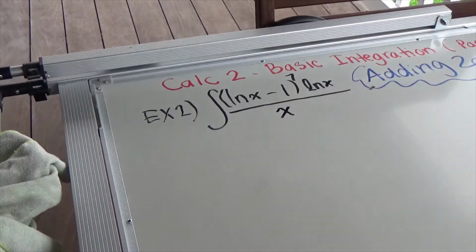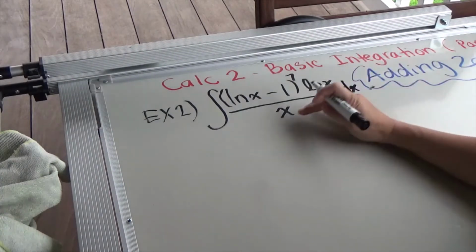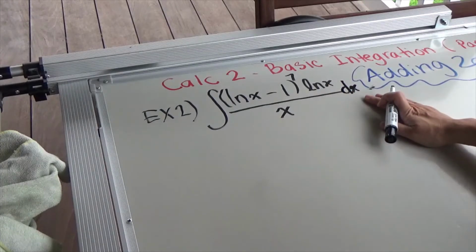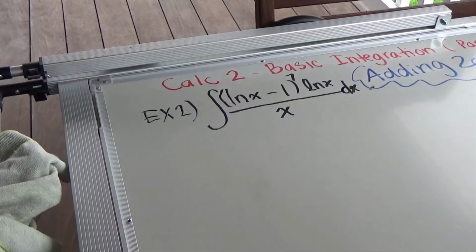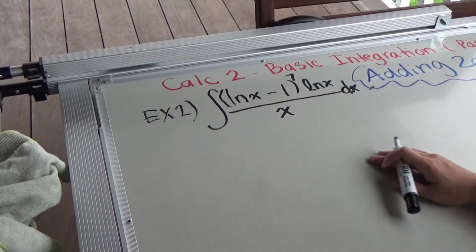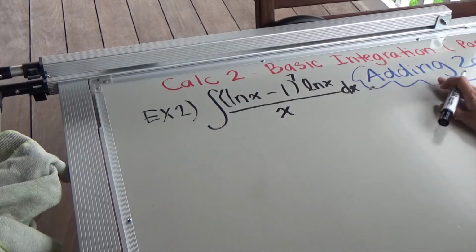At first you're like, oh, no problem. I'm just going to let u be ln of x, and then I will have 1 over x as the derivative, but that doesn't work, right? Because this right here to the 7th, that's going to be weird. So the trick, again, for this video is adding 0.